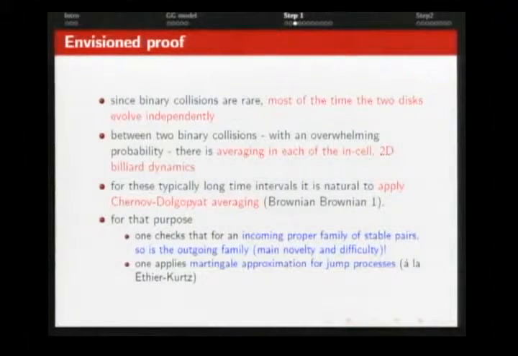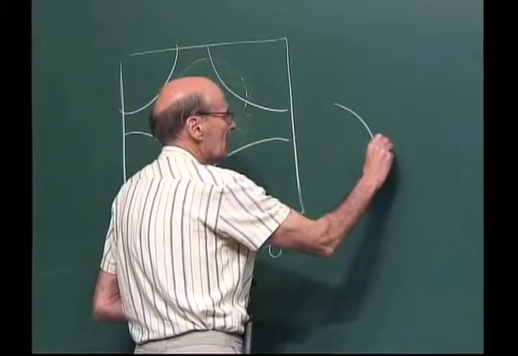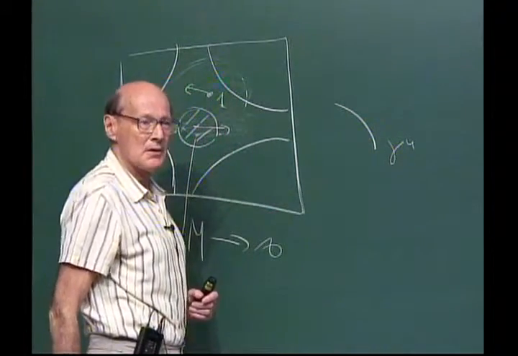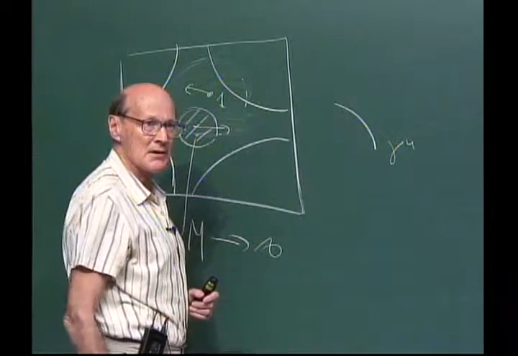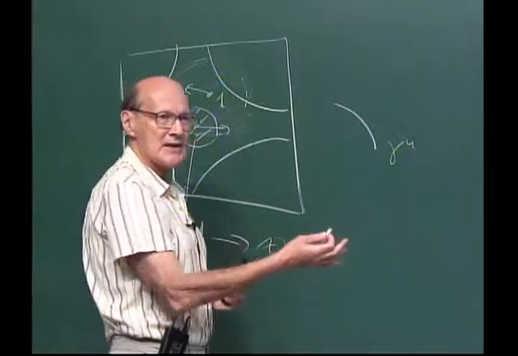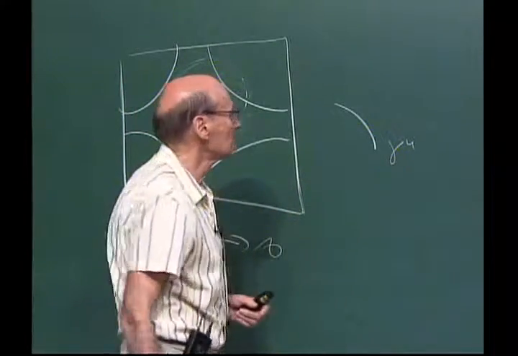So finally, the task would be the following. In this Chernov-Dolgopyat model, a standard pair was the following. For the two-dimensional billiard, if you consider the Poincaré section map, then it's a two-dimensional map.